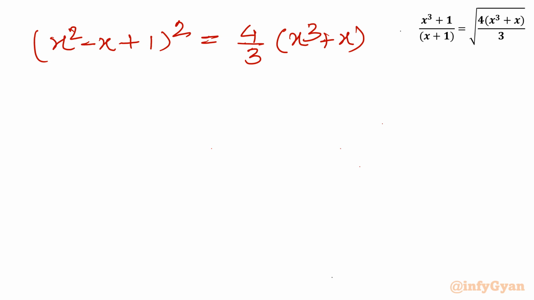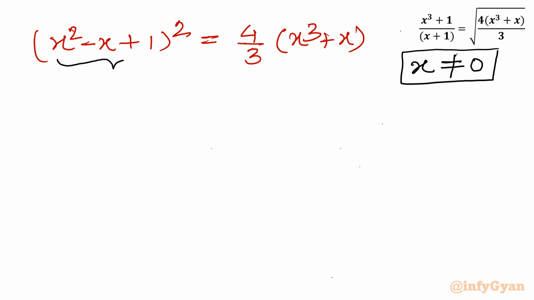Now for this equation, if I put x equal to 0, left hand side will be 1, right hand side will be 0. So I can write here one point, x cannot be equal to 0, which is important because I am going to take x common from this bracket and x square common from this bracket. Let's take, so it will come out as x square.